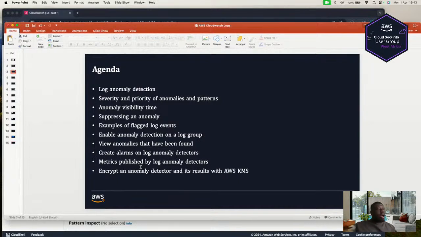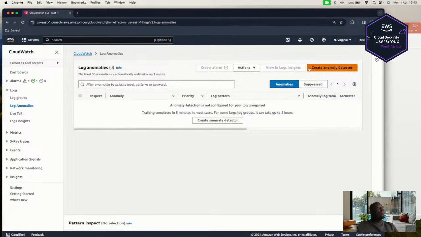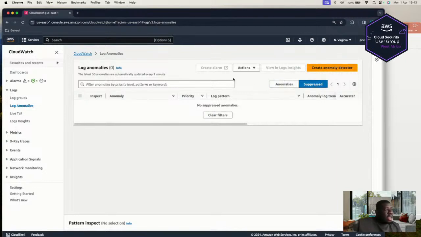And then I've also shown you in the practical sense how you can create or enable an anomaly detector, how you can check the anomalies and the suppressed anomalies, and how you can create alarms for specific patterns in your log anomalies.